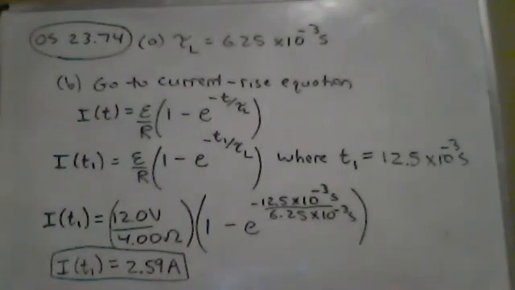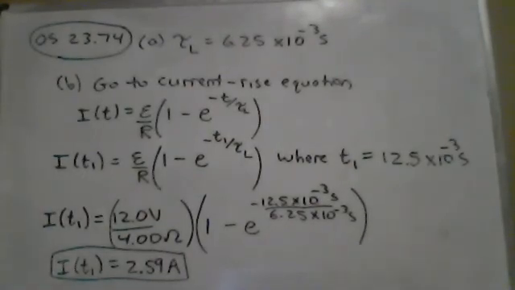Now, at this point, it's gone about 2 time constants. 2 time constants will be 12.5 milliseconds. So what is it, 68%? I don't remember.